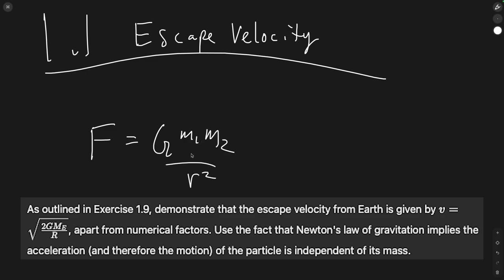This implies that the acceleration doesn't depend on its mass, which means that the overall motion doesn't depend on its mass. So we want to show that this is 2g me over r.